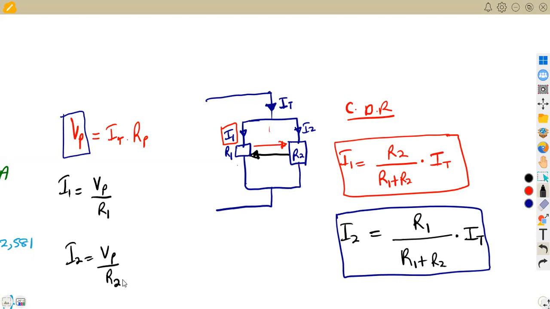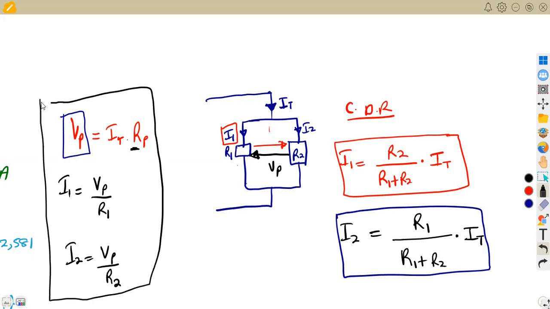This is the alternative way, which is not the current divider rule. This one is from your normal circuits, where voltage in parallel is the same.